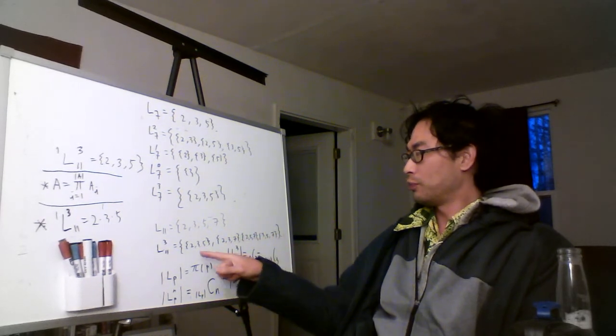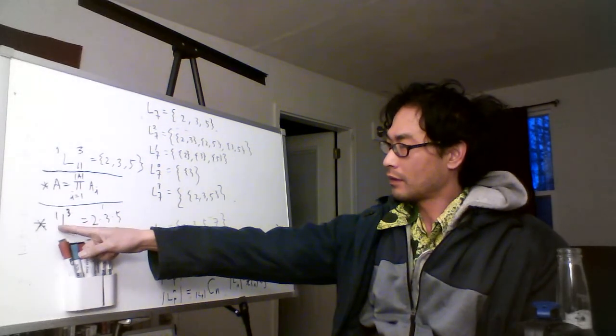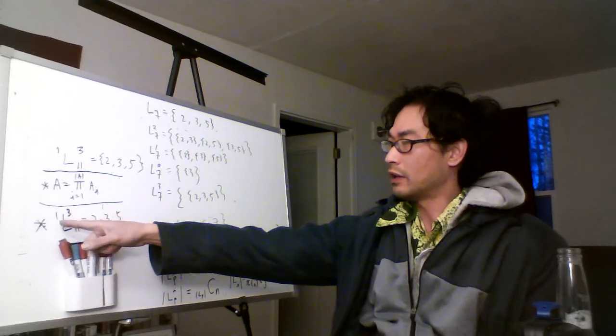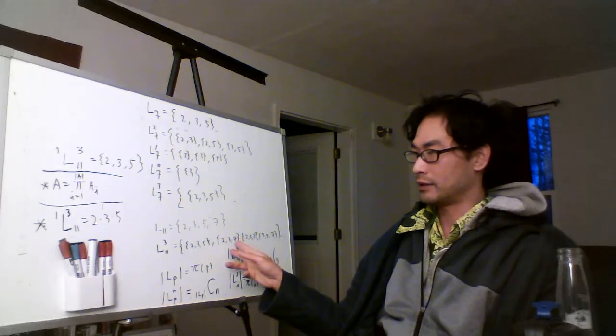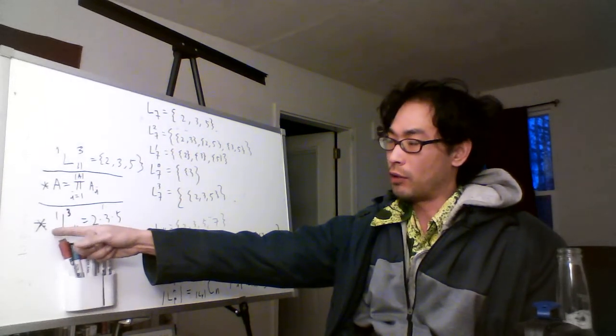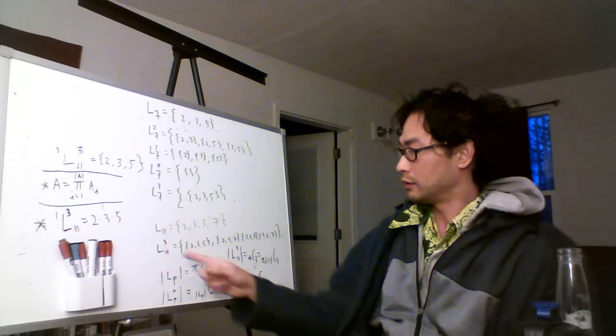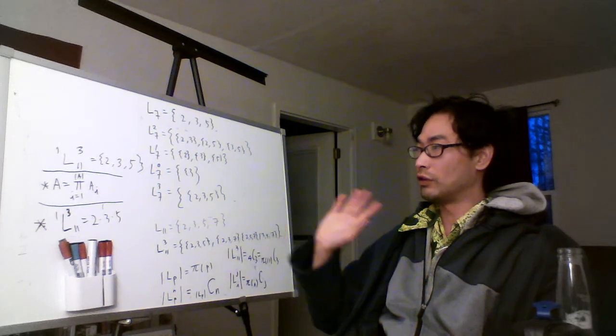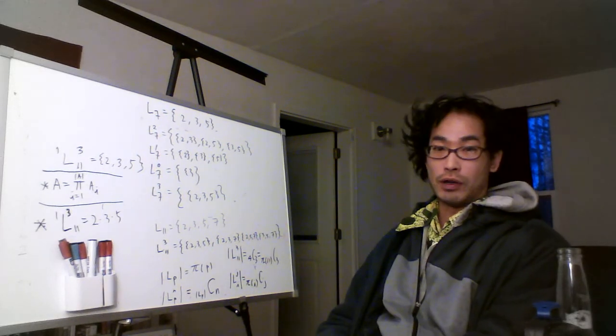So you pick the first element, L of 11, 3, and then the first element of that power set. And you multiply them all together. You apply this star operation. That's 2 times 3 times 5. We're just reviewing what we have done so far.